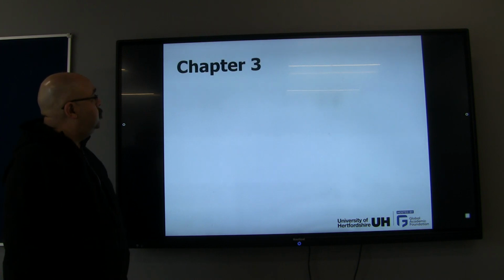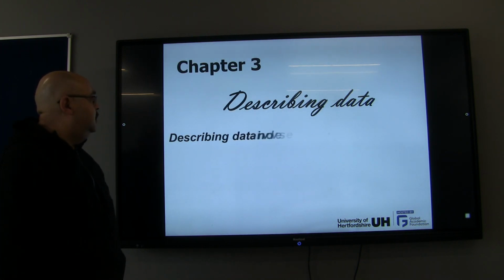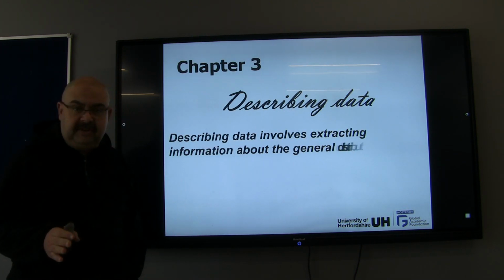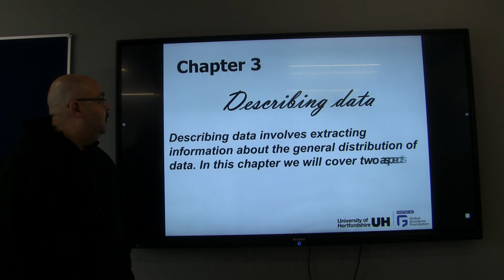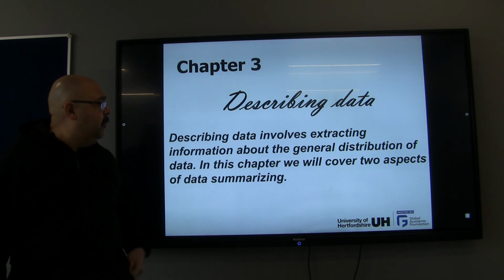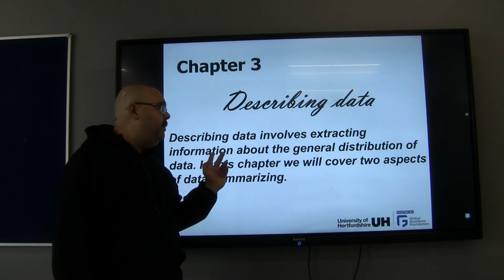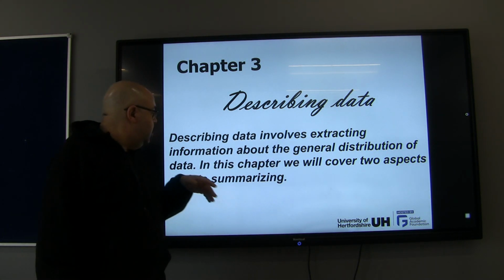First of all, let's talk about what we mean by describing data. As I told you seconds ago, describing data is about extracting information about the general distribution of data.